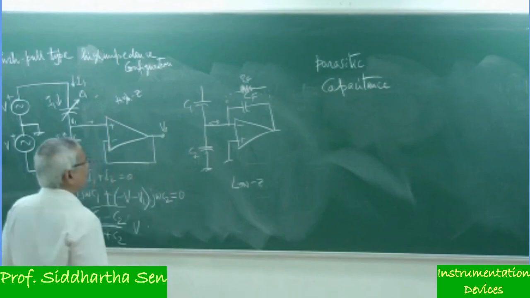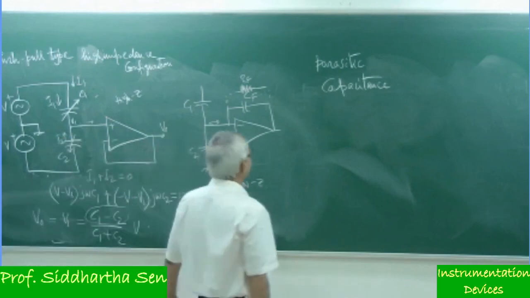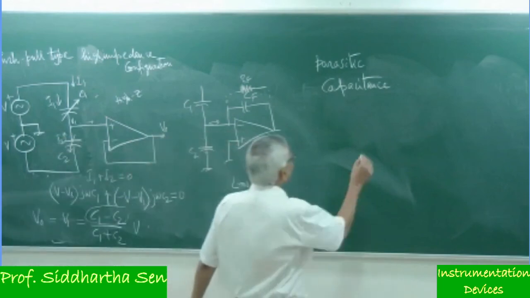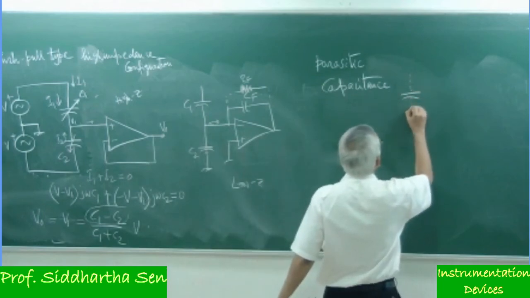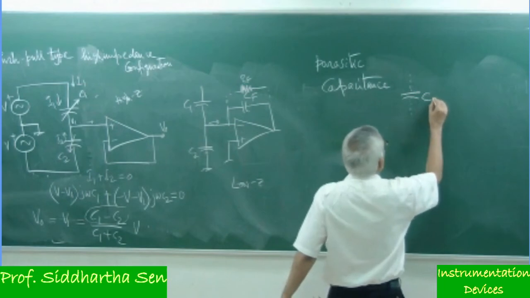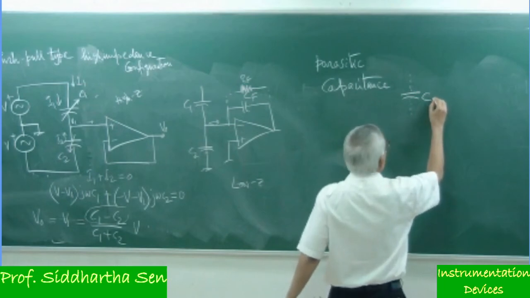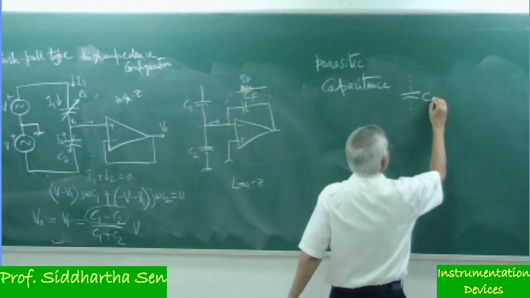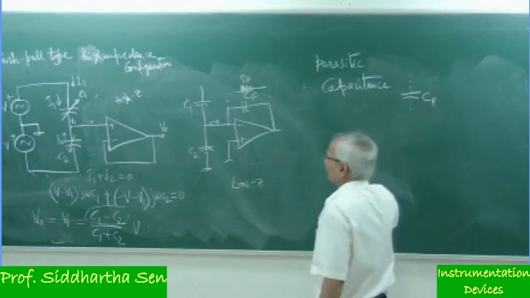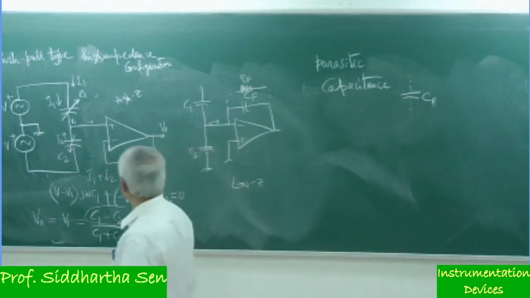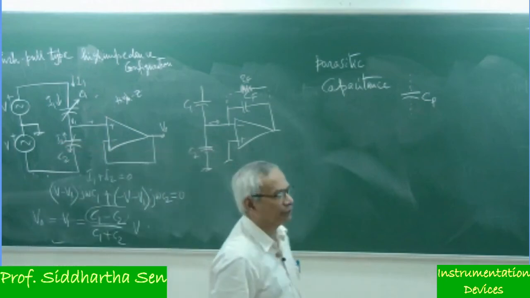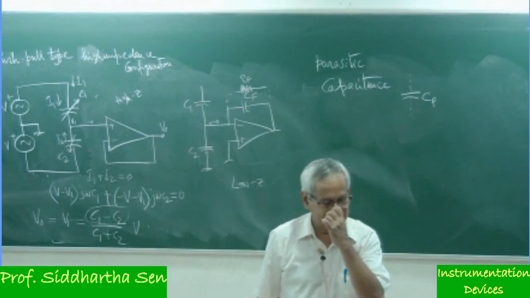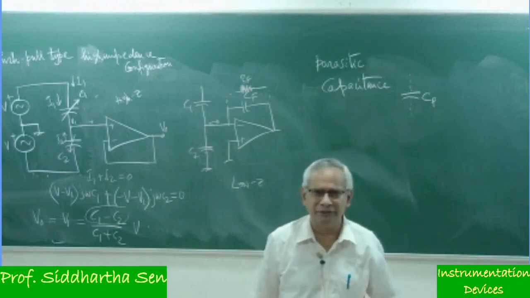We often refer to this as Cp, that is a parasitic capacitance here. Obviously you cannot avoid it, but we need to see that the parasitic capacitances do not make any havoc.